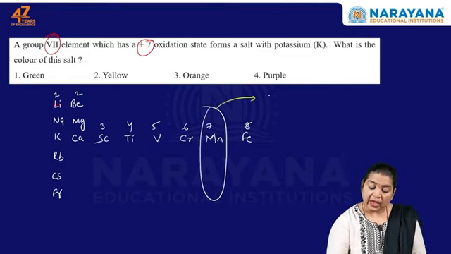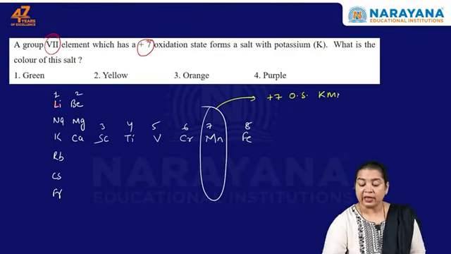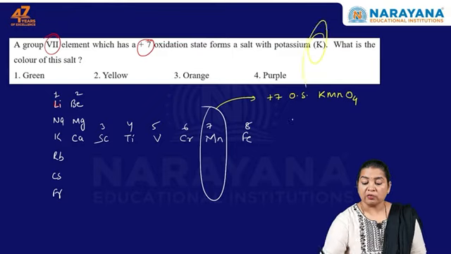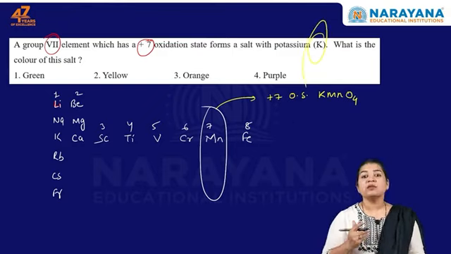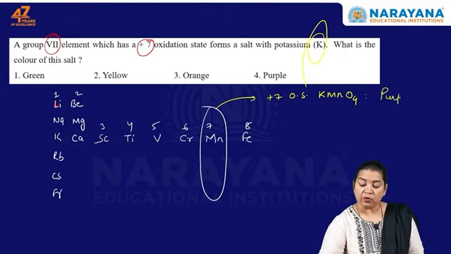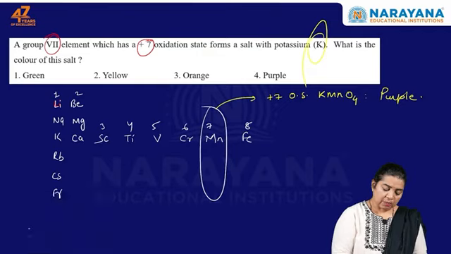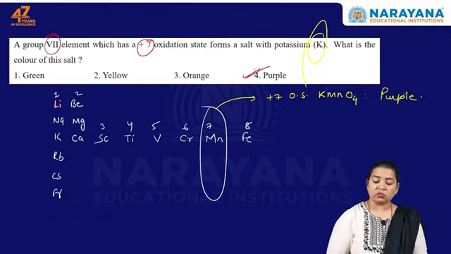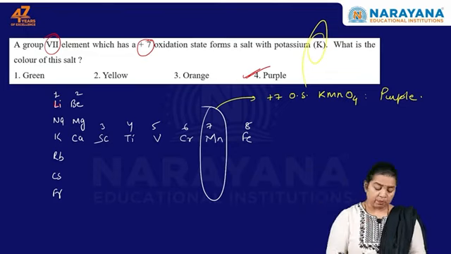If they are asking for the +7 oxidation state, then they are targeting KMnO4, because we have to identify the compound as a potassium compound. If it is KMnO4, then we will take answer 4, which is purple. As given in this slide, most of our students mentioned it was +7. If it is +7, put purple.